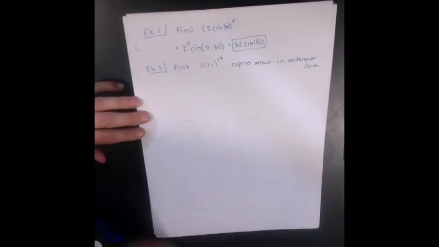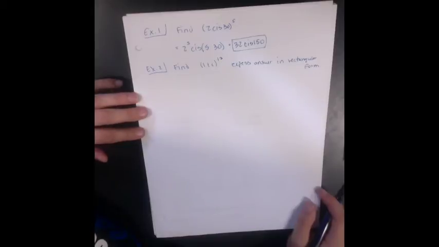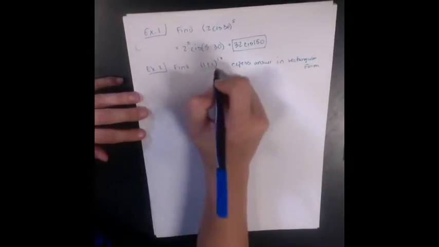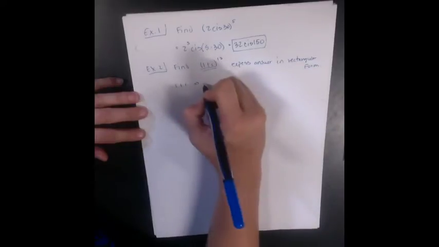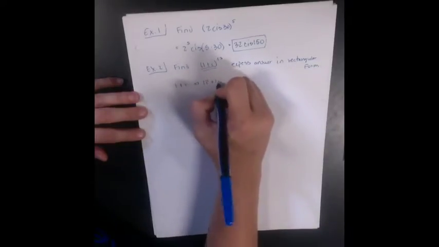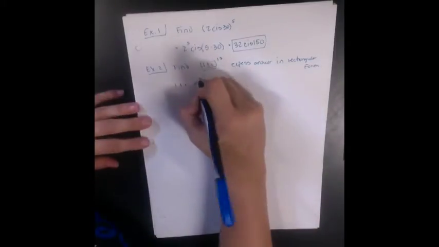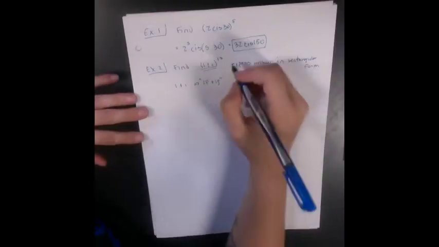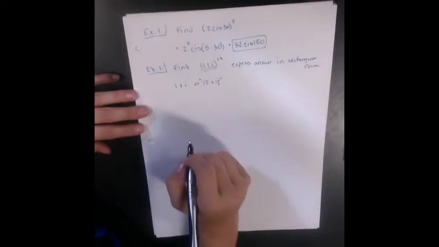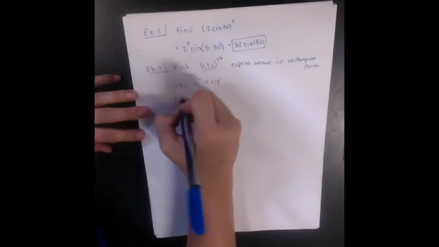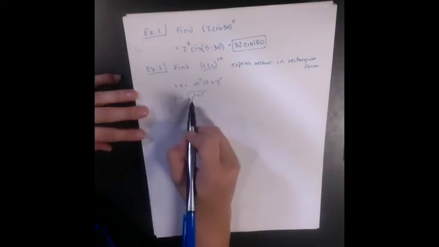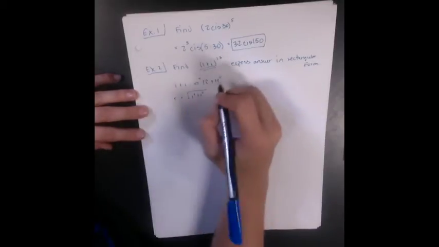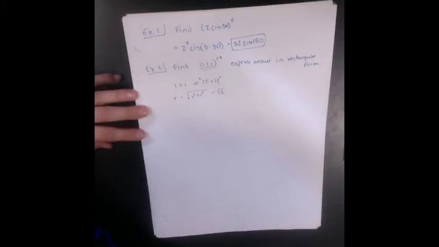So we first have to convert our complex number into polar form. We have 1 plus i, which we could write as 1 i hat plus 1 j hat, if it helps you remember. We know that r is going to be the square root of 1 squared plus 1 squared, because 1 squared plus 1 squared equals r squared, which gives me root 2.